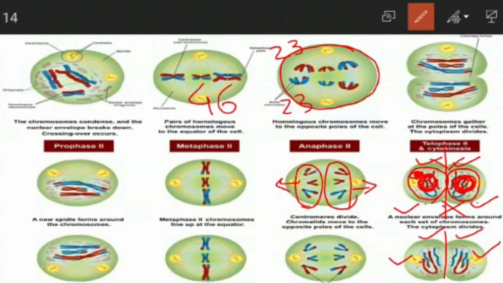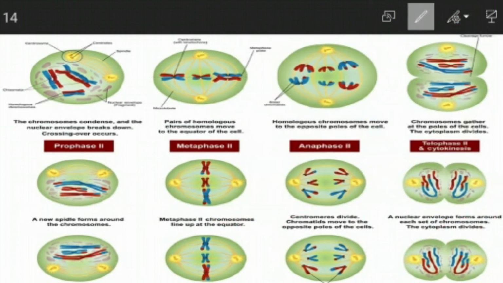But in anaphase 2, there is formation of daughter chromosomes. Meaning if 46 chromosomes are there, 92 daughter chromosomes are formed and they get pulled towards opposite sides, 46 towards one side and 46 towards the other. So here we have completed meiosis 2.